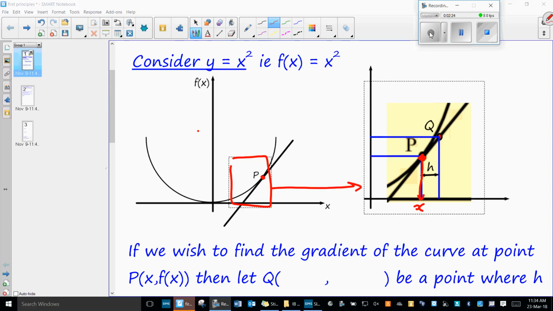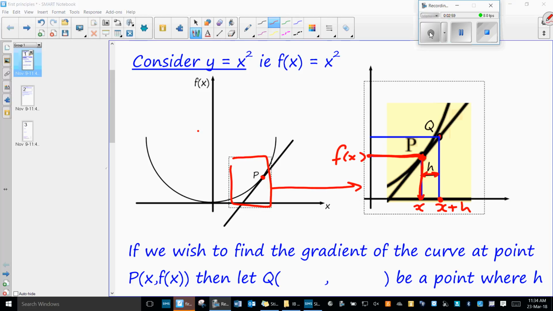If it's h units away, how could I describe this x coordinate? x plus h. Love it. Now, if this value is x, this is P, how would I describe this y coordinate? Think about what we've called it. y, or in this case, I'm going to stick with f of x.